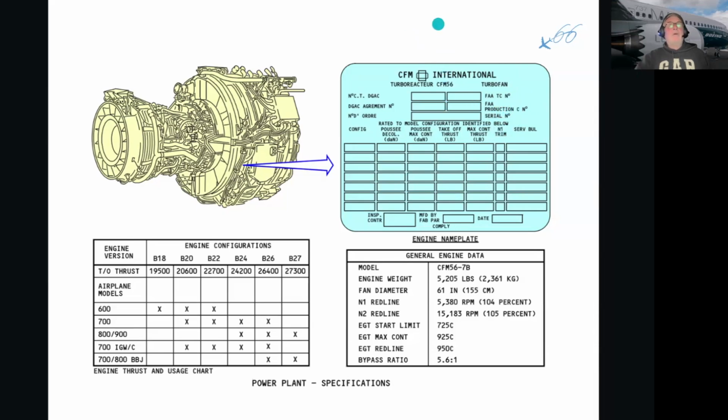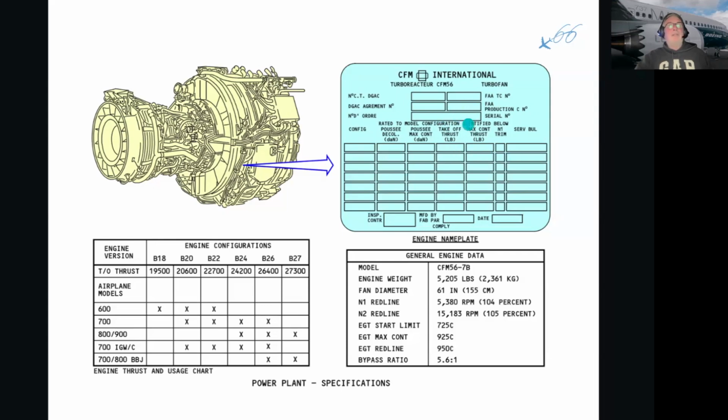So you can tell the manufacturer of this engine, where it came from. If the left-hand side is filled in, then the engine came from a European manufacturing plant. If the right-hand side was filled in, then the engine is coming from GE, Cincinnati, wherever, under the FAA. All the rest of it is to do with the thrust.